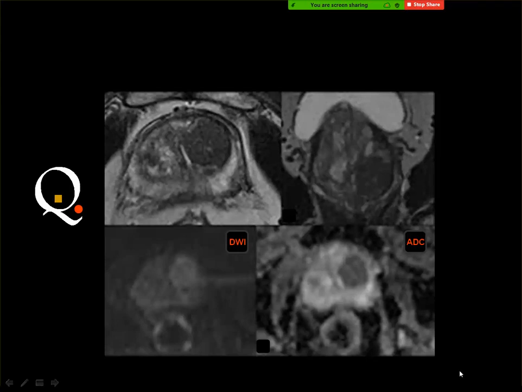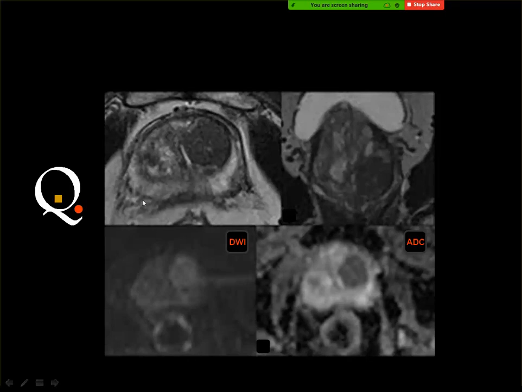Prostatic cancer, central zone or peripheral zone? Central. This is the central zone, on the left side, and this is the peripheral zone.